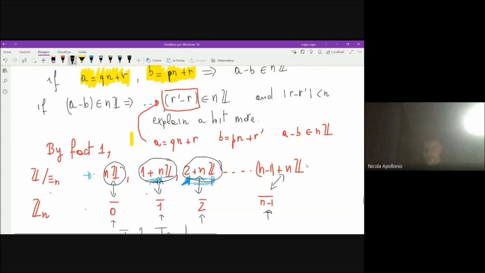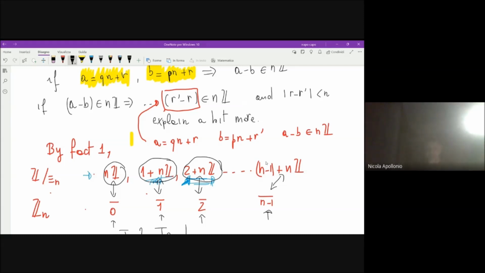Recall, why should I stop with n minus 1? Why not m plus 3, why not m plus 3 plus nZ?